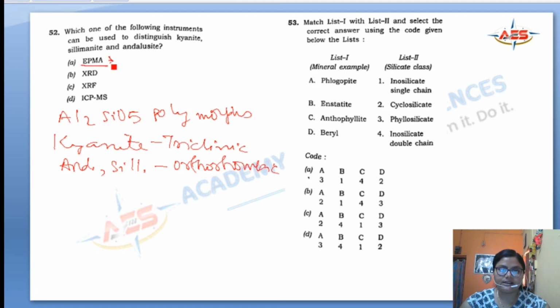This method is mainly used for determining the chemical composition of materials. The XRD method, X-ray diffraction method, it is used to determine the crystal structure.